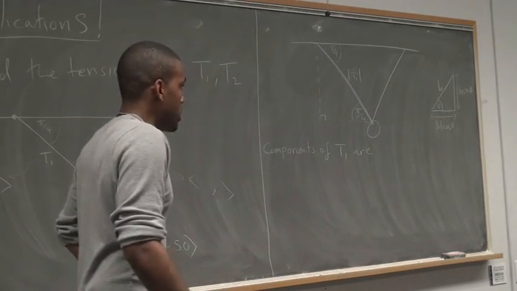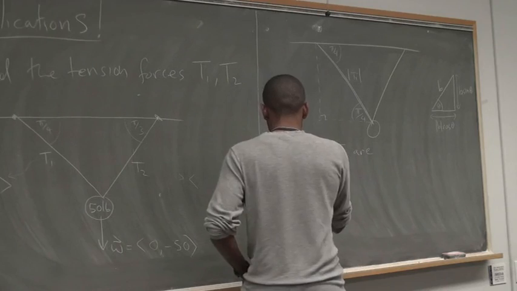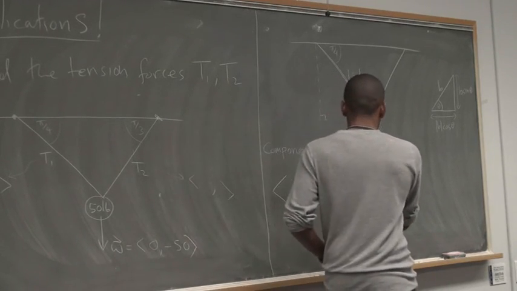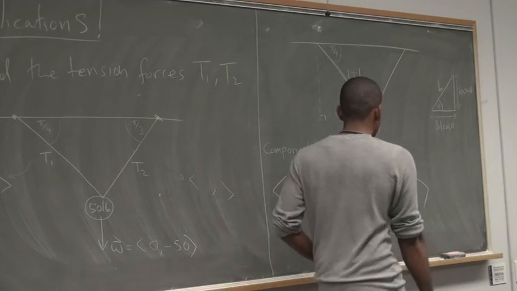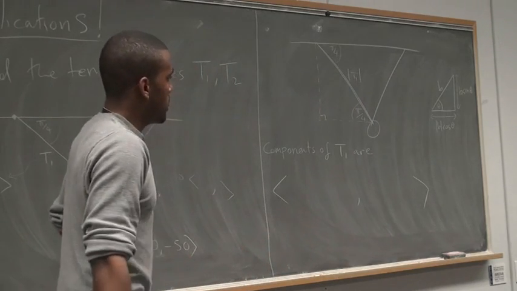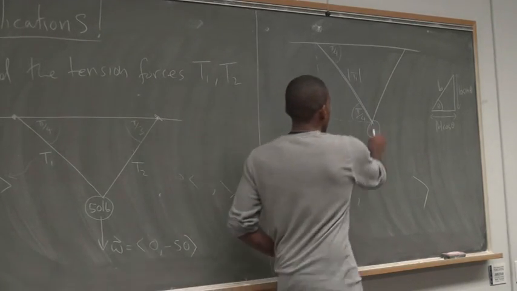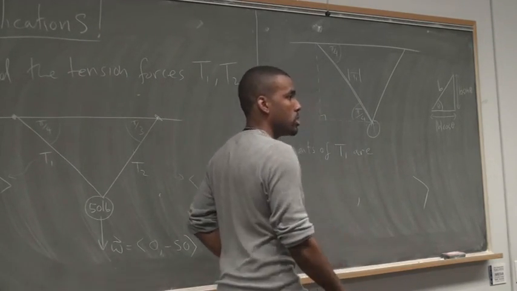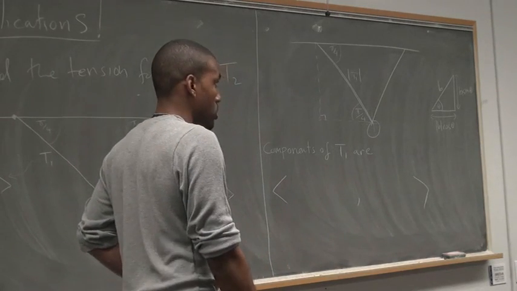So how could I actually describe T1? That's the question. There's going to be an x-coordinate and a y-coordinate. So if I think of the origin as being where this weight is, that's what we're going to do.